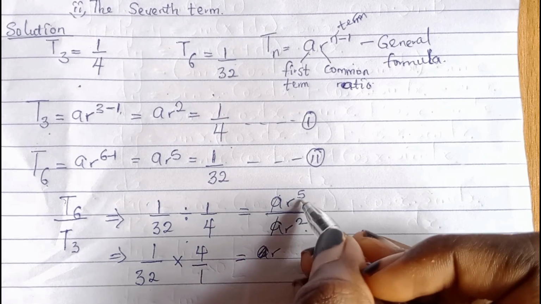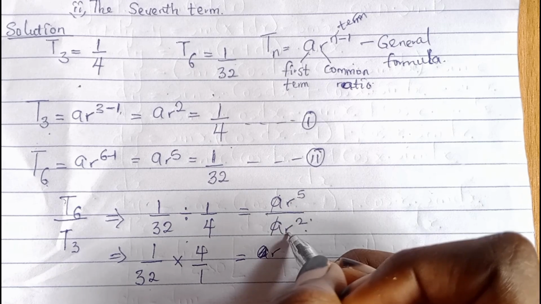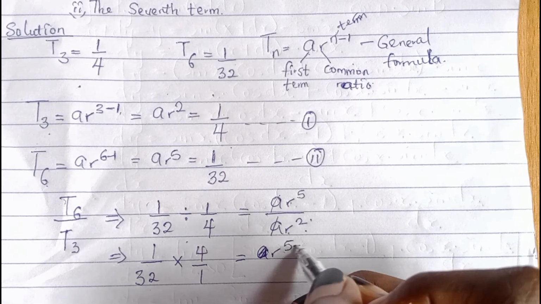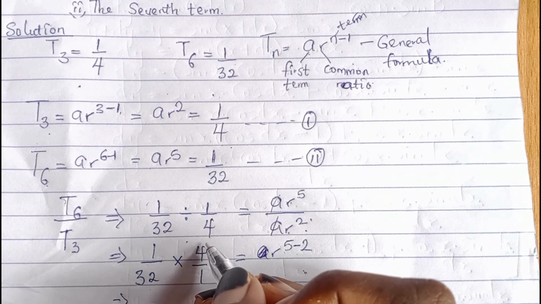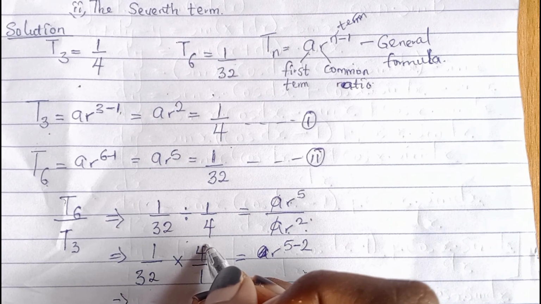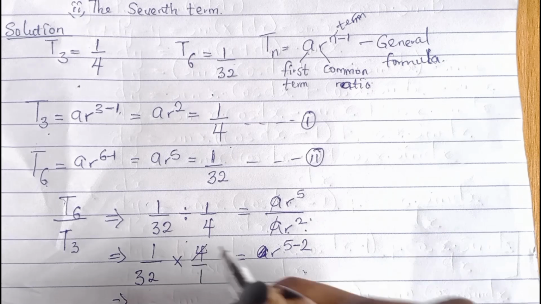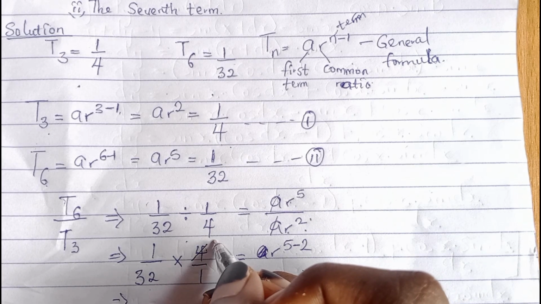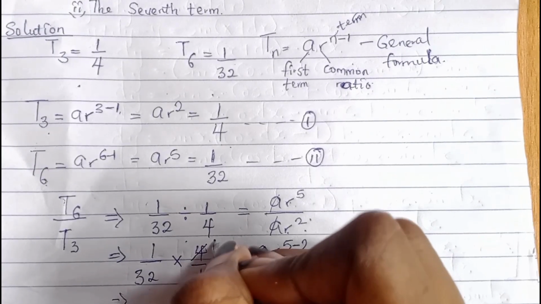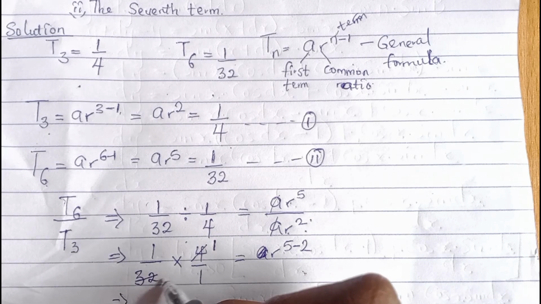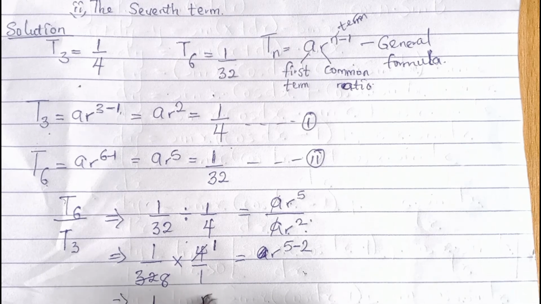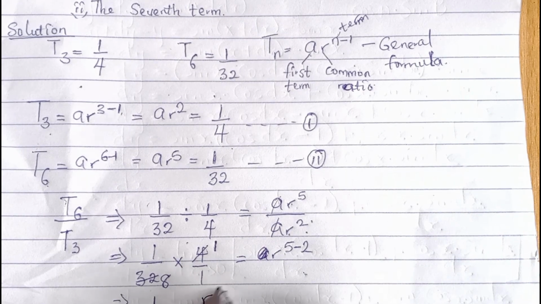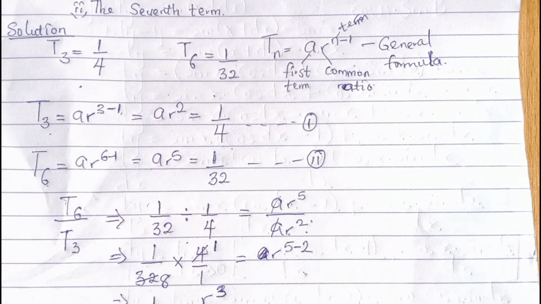They have the same base, so it will be 5 minus 2. We're left with 4 over 32, which simplifies to 1/8, equals R raised to power 5 minus 2, which is 3. So R raised to power 3.